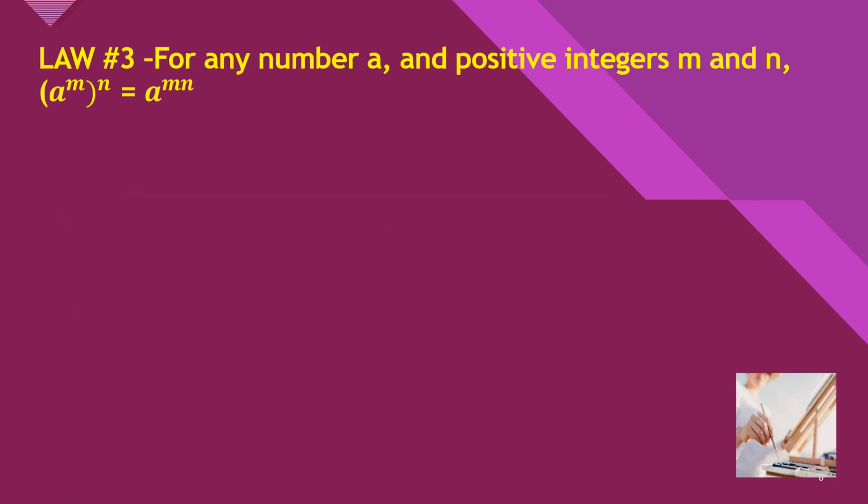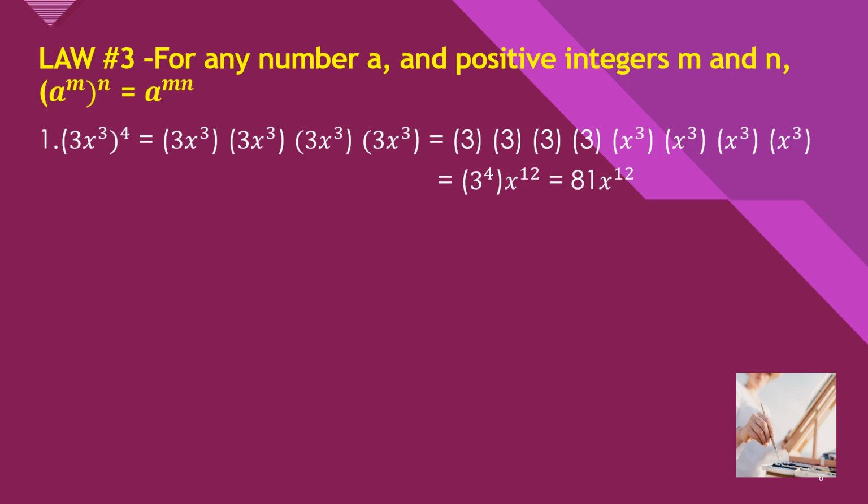So for law 3, for any number a and positive integers m and n, we have a raised to m, then it has an exponent outside also. That means we need to multiply. So a raised to m times n. For example, we have 3x cubed and it has an exponent 4.